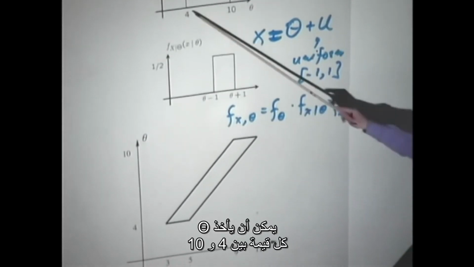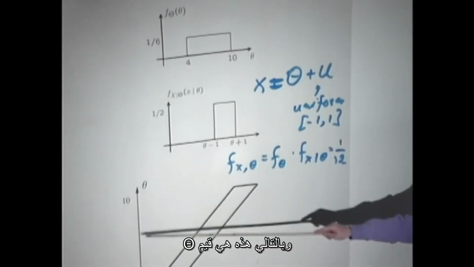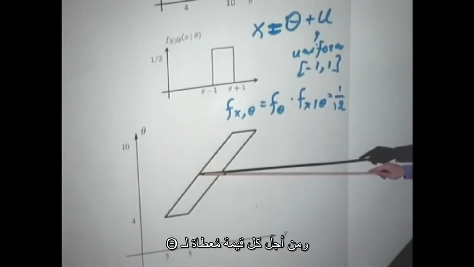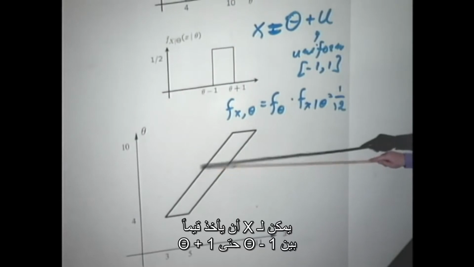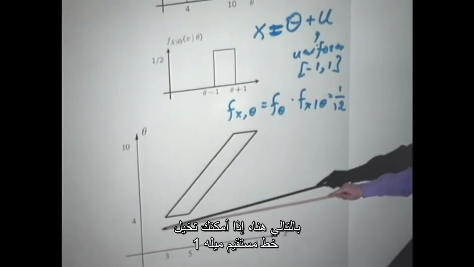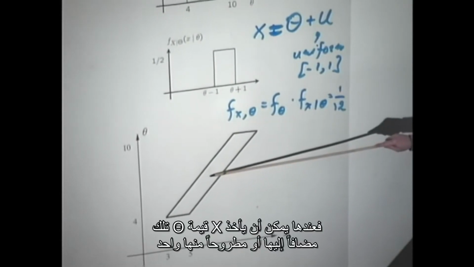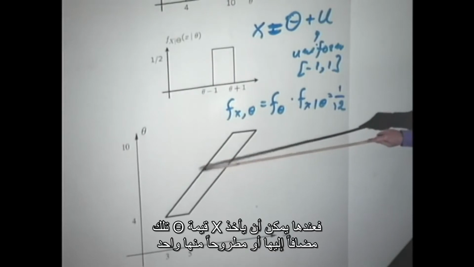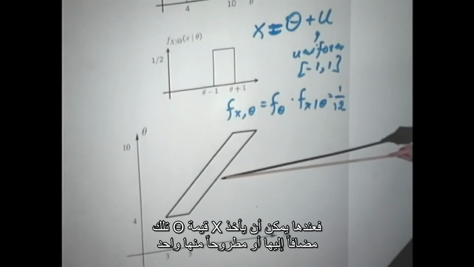So theta can take any value between 4 and 10. So these are the values of theta. And for any given value of theta, x can take values from theta minus 1 up to theta plus 1. So here, if you can imagine a line that goes with slope 1, and then for theta, x can take that value of theta plus or minus 1.